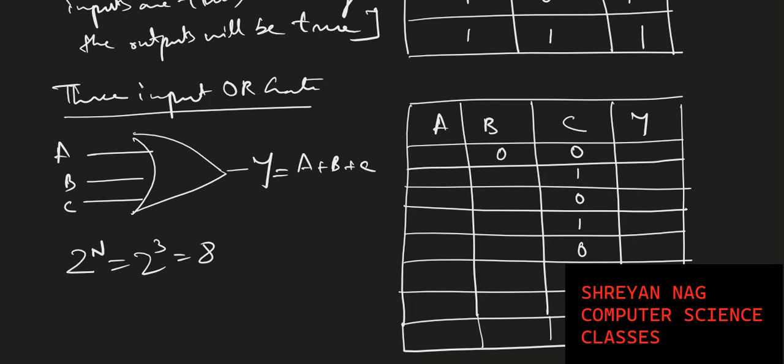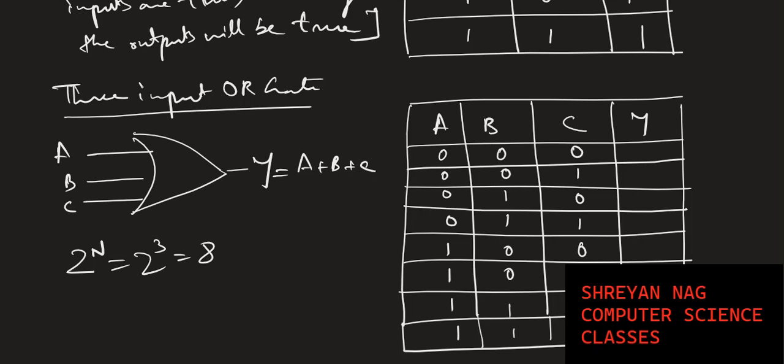Then make it 0 0 1 1 0 0 1 1, then 1 2 3 4, 4 zeros and 4 ones.